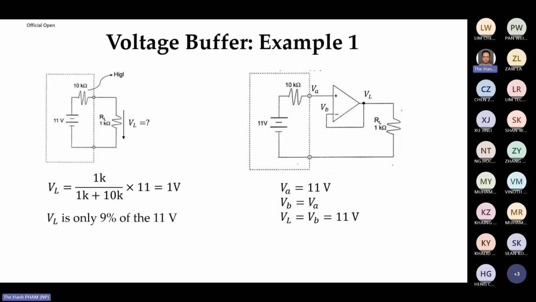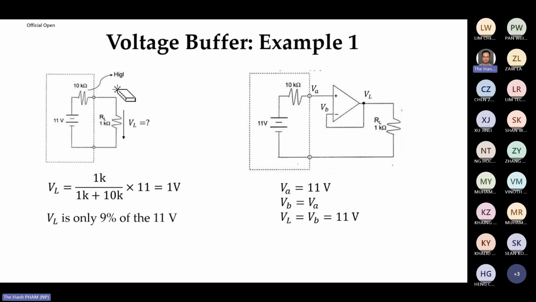So here again, look at this example. Imagine if you have a sensor where the input impedance of the sensor is quite high, 10 kilo ohm, and the sensor can provide 11 volt if you have open circuit.